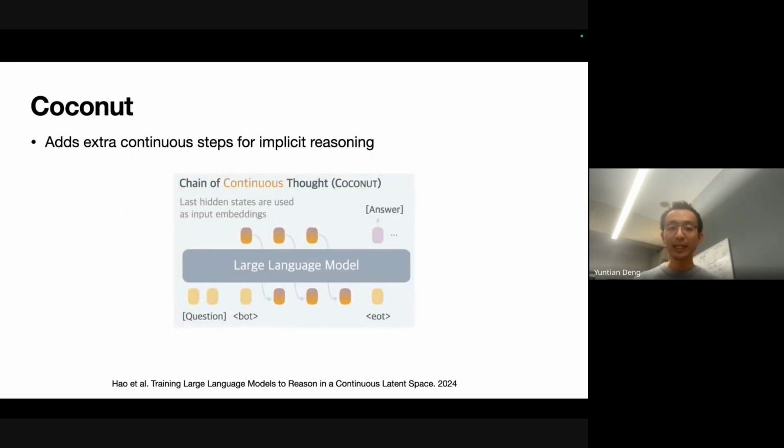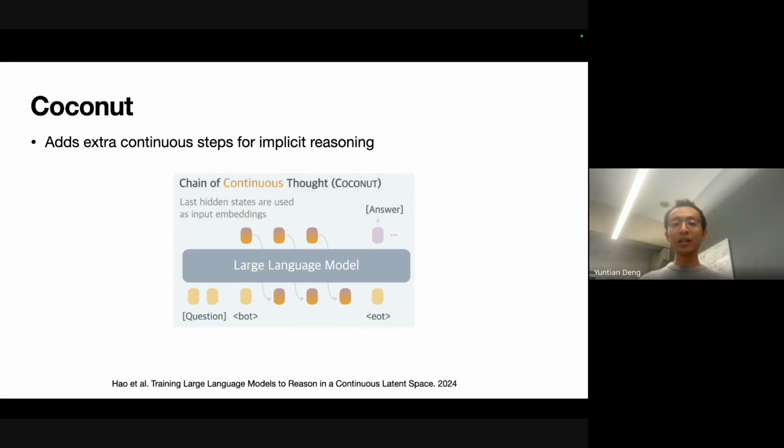Another really interesting work, like I mentioned earlier, strengthens the expressiveness of our model. This work is called Coconut, from UCSD and Meta. Their insight was that in the original implicit chain of thought formulation, we directly train the model to output the final answer without any intermediate steps, just directly outputting the answer upon reading the entire input.